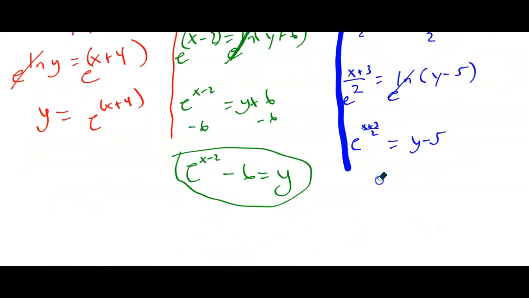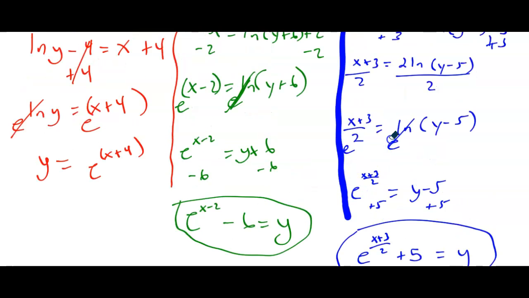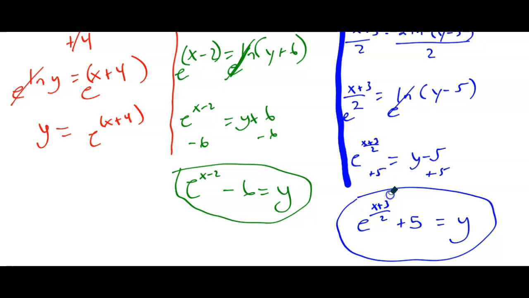Then we wrap this up by adding 5 to this side. So you have e raised to the x plus 3 over 2, plus 5, and that equals y. This is your inverse of number 14.